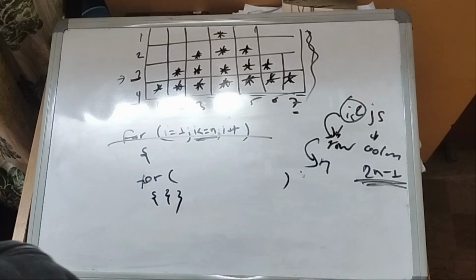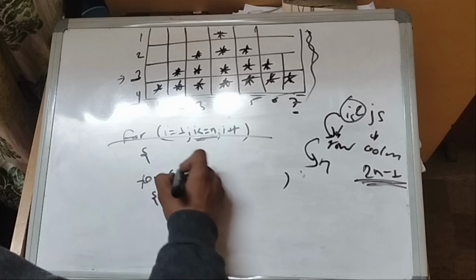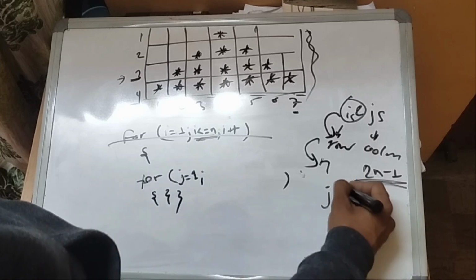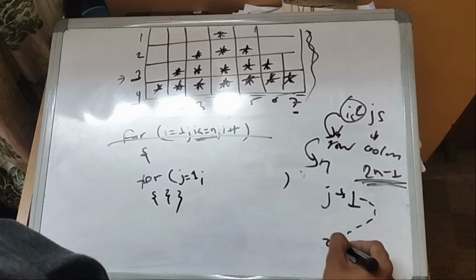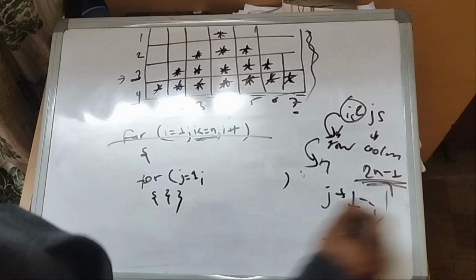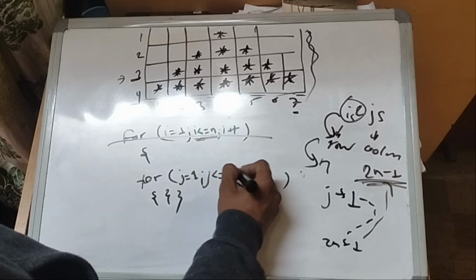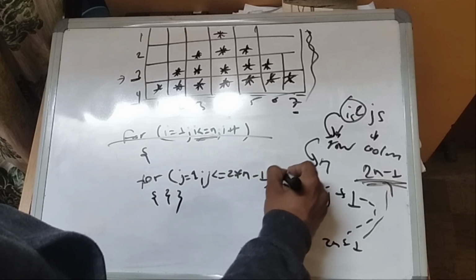So let's get inside this for loop. For j is equal to 1, we would start j from 1, then we are going up to 2n minus 1. j is smaller than or equal to 2n minus 1. We are going to increment j.